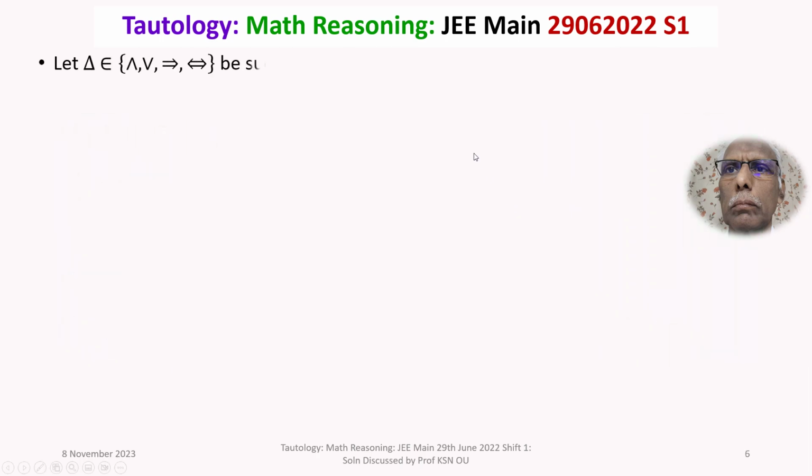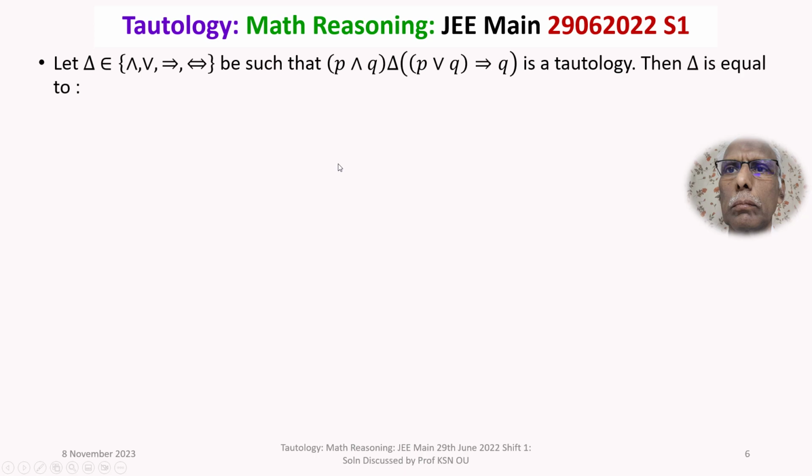We now discuss the solution of the problem in detail. Consider (P or Q) implies Q, that is the second bracket. First of all, let us write an equivalent statement to this.